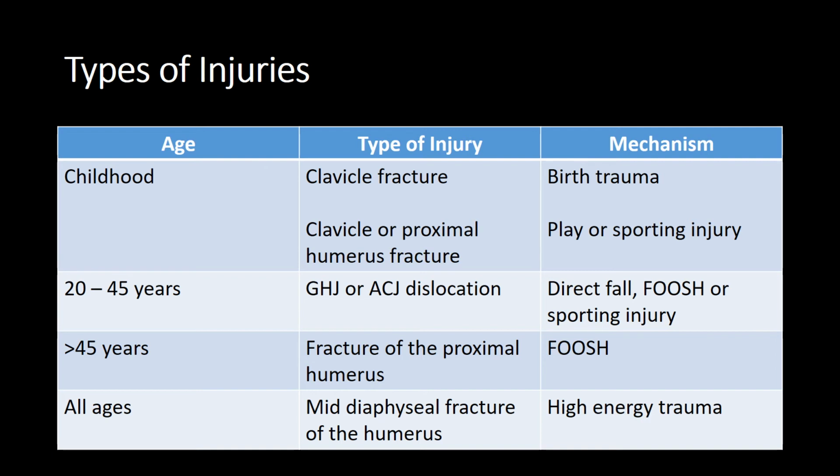Once patients reach over the age of 45 years, they're more likely to sustain a fracture to the proximal humerus, and that's usually due to a fall on outstretched hand. These particular injuries tend to occur in osteoporotic women and are similar to those of a Colles fracture or a neck of femur fracture. Throughout life, mid-diaphyseal fractures can occur from high energy trauma.